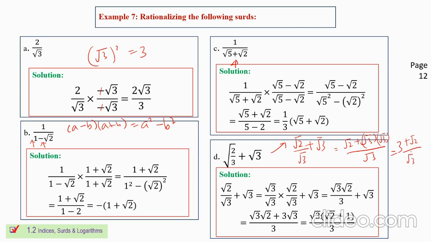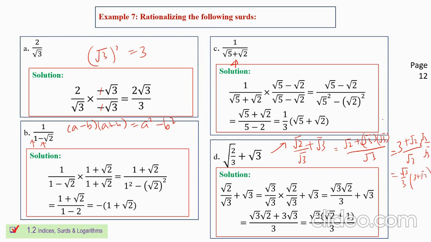Remember, the denominator still has a surd, so what you need to do is multiply by the conjugate, surd 3, so you have a 3, 1 over 3, then 3 plus, okay, or we can put surd 3 out here, 3 plus surd 2. Okay, just like this one.